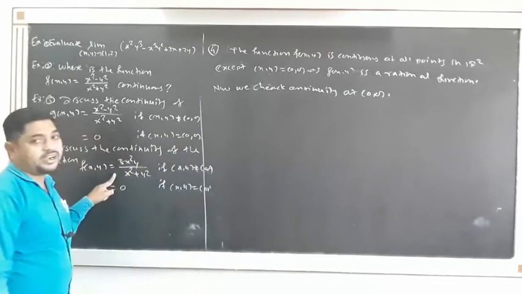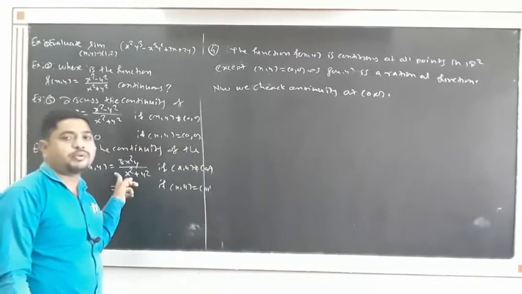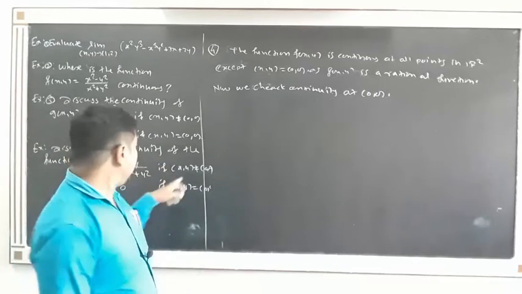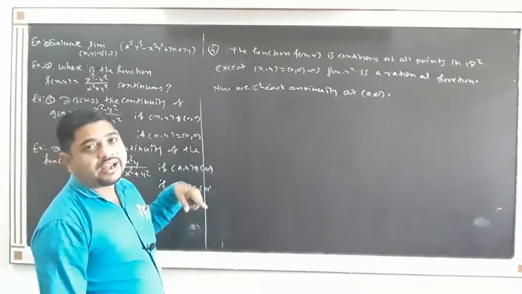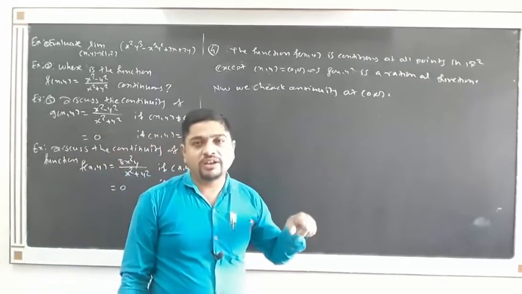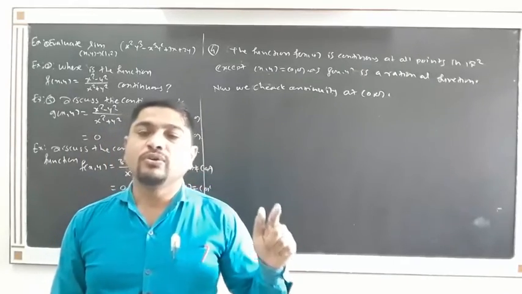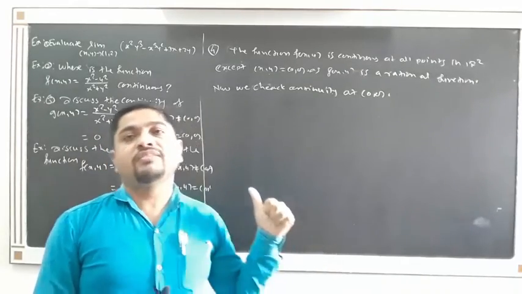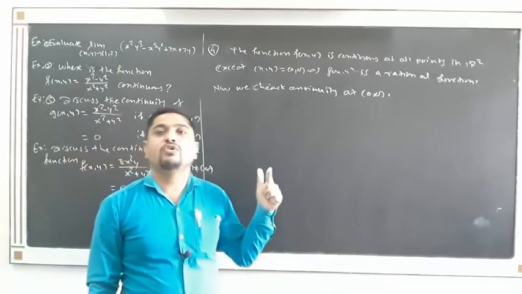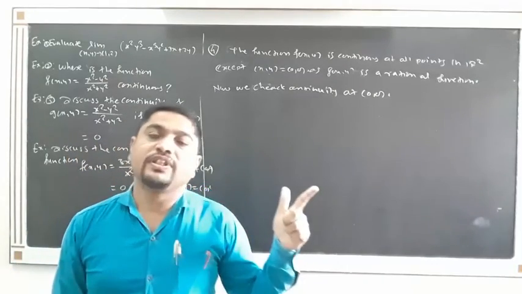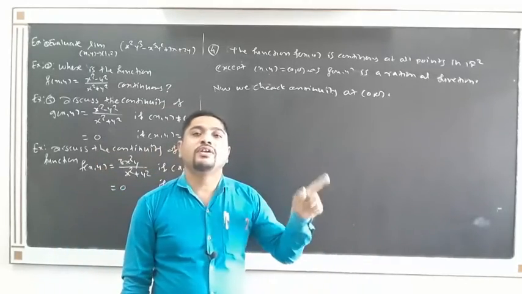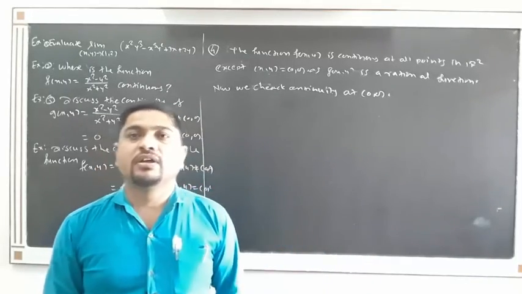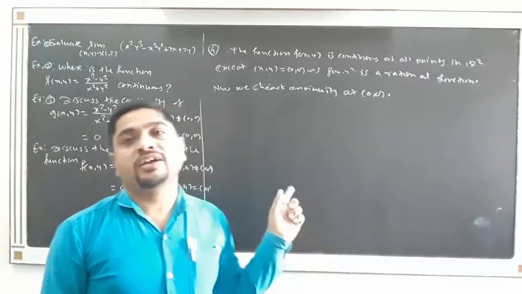This example we already solved in the previous lecture, where we used the epsilon delta definition. I also told you that you can solve this by different methods, like the polar method, or by the theorem that if one function is bounded and the second has limit 0, then the product has limit 0.